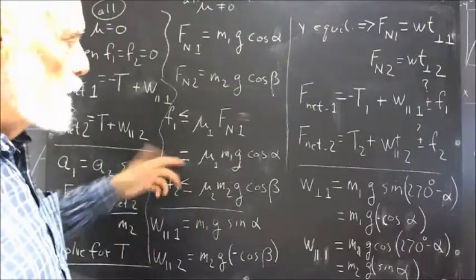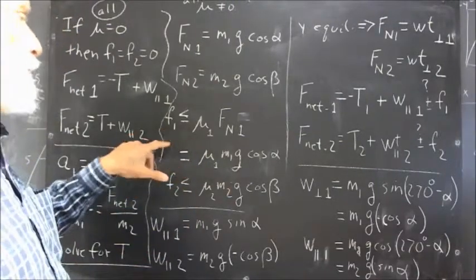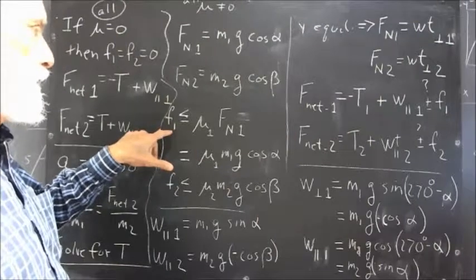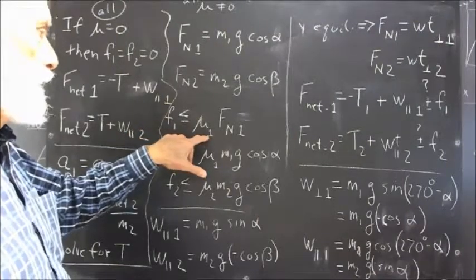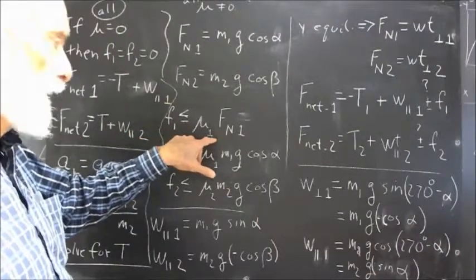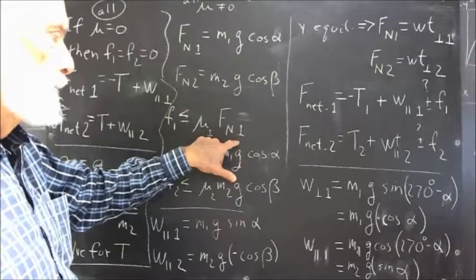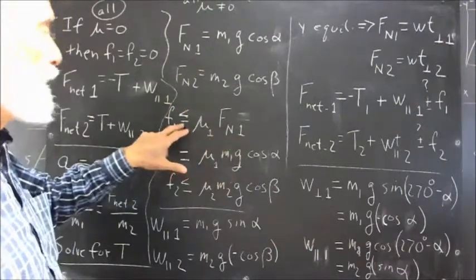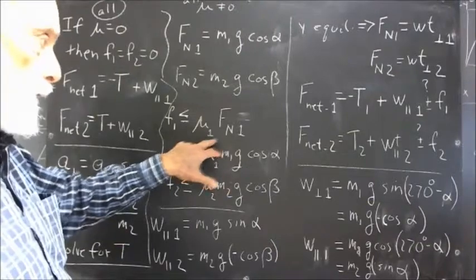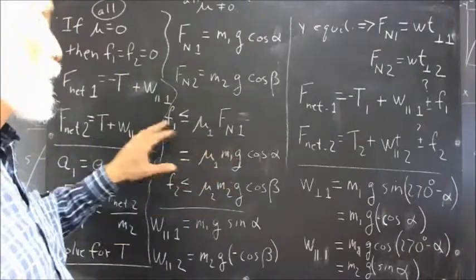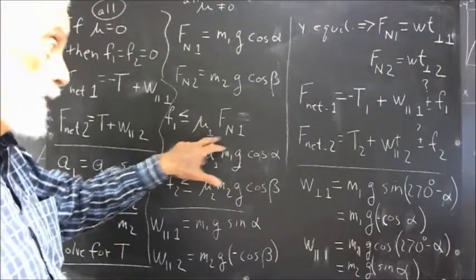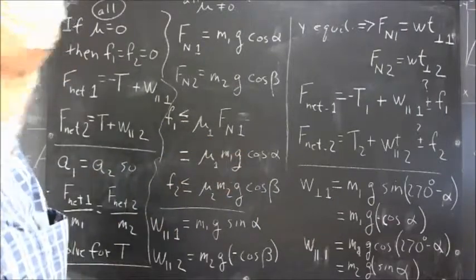And if we did, we'd want to specify that the force on the first mass is equal to either the coefficient of static friction times the normal force, and that would be less or equal to coefficient of static friction times the normal force, or equal to the coefficient of kinetic friction times the normal force.